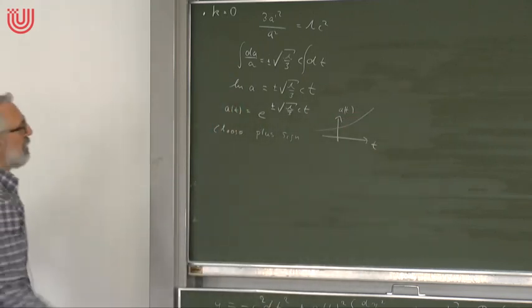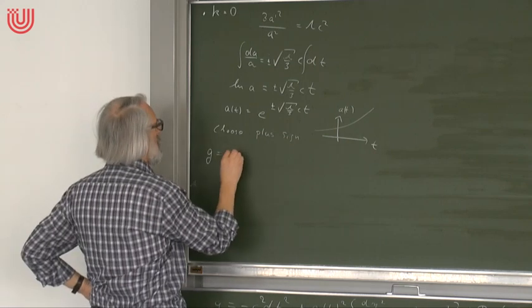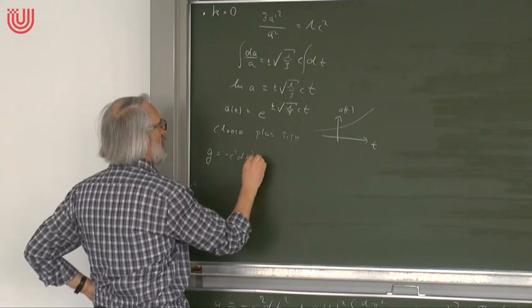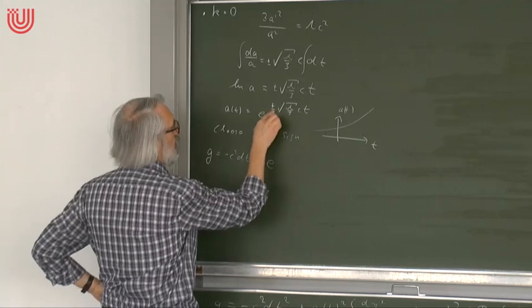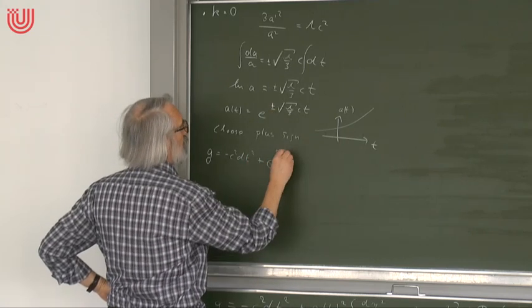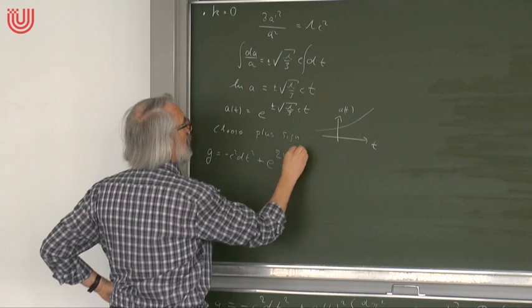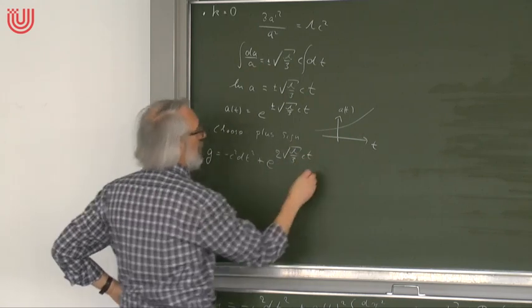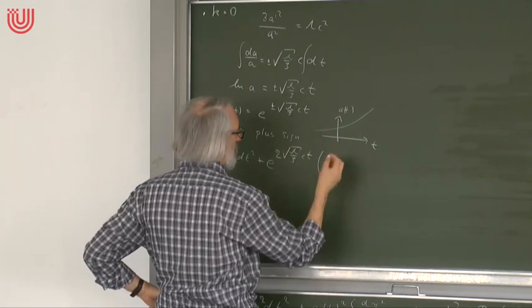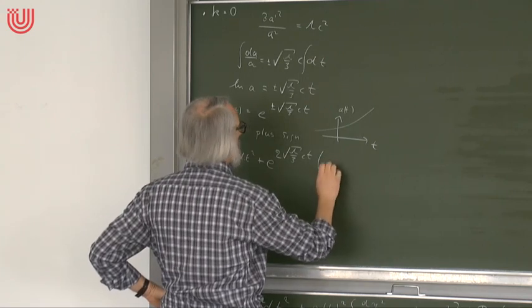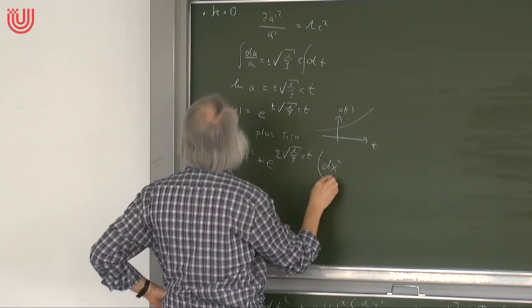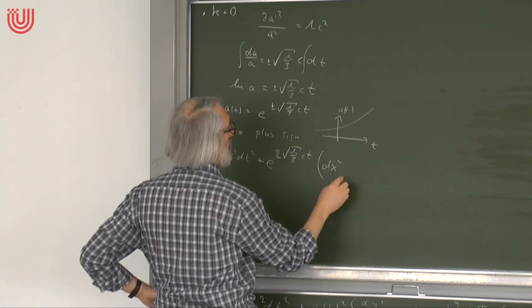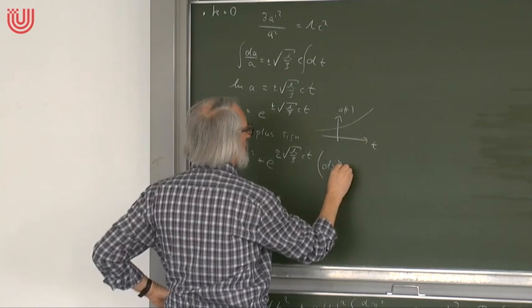And the metric is minus c squared dt squared plus e to the power, I choose a plus sign, so I have plus 2 root lambda over 3 ct. And then the spatial part, chi squared d omega squared. This is k equals 0, so with the chi representation, I don't have it anyway.